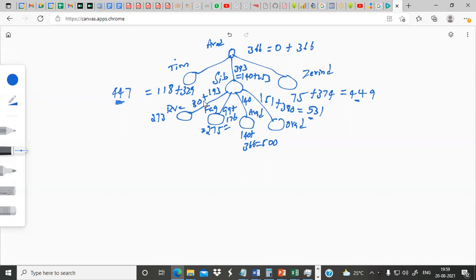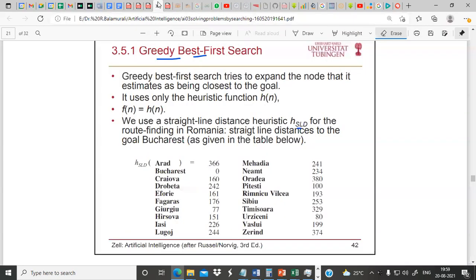Oradia, what is the cost? 531. This is 500. This is 275. This is 273. So we are going to take the path of Ruminsu CA, RV, right? So out of all the unexplored nodes, you have to take the minimum path node. You have to be careful here. It's not only these nodes. From all the unexplored nodes, we have to find the minimum.